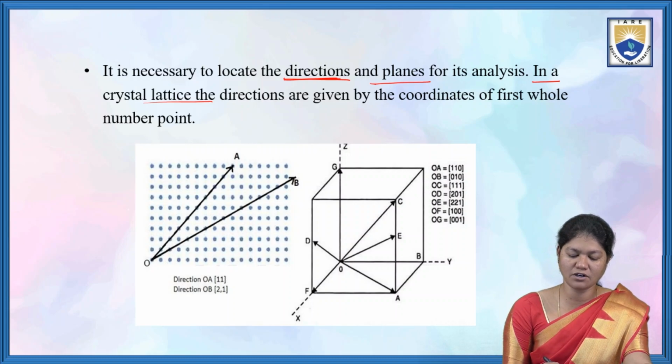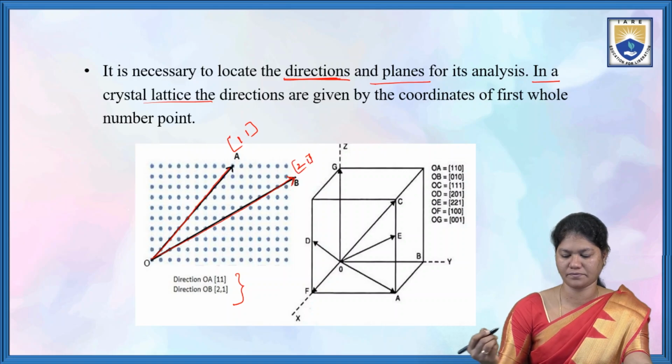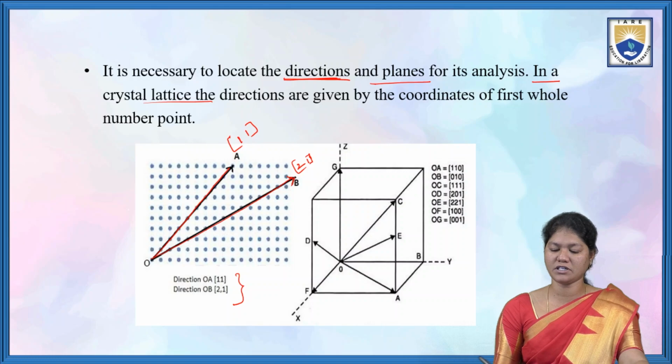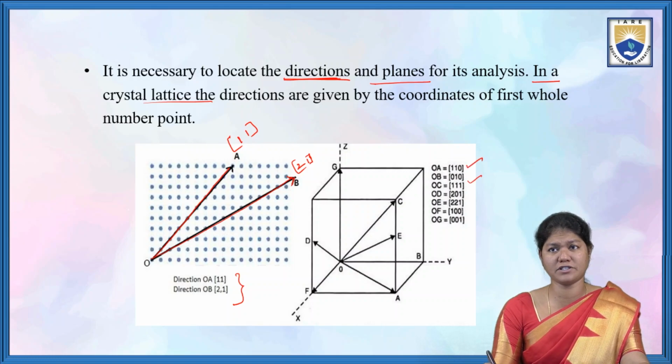When we take a 2D Cartesian system, the direction of OA can be represented as 1, 1 and the direction of OB is 2, 1. Coming to 3D, the directions in different ways will be like this.